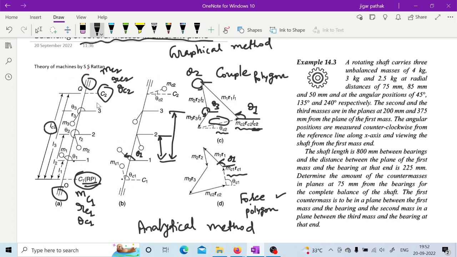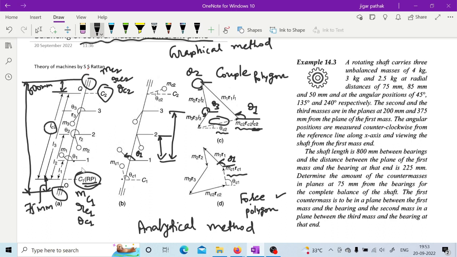Right here, actually, the distance between this bearing is provided to you, so I am giving you a little bit of hint if it is required, right? The distance between this bearing is provided as 800 mm, and the distance from this plane to the plane in which balancing mass is there is mentioned as 75 mm on both the sides, here as well as here also.